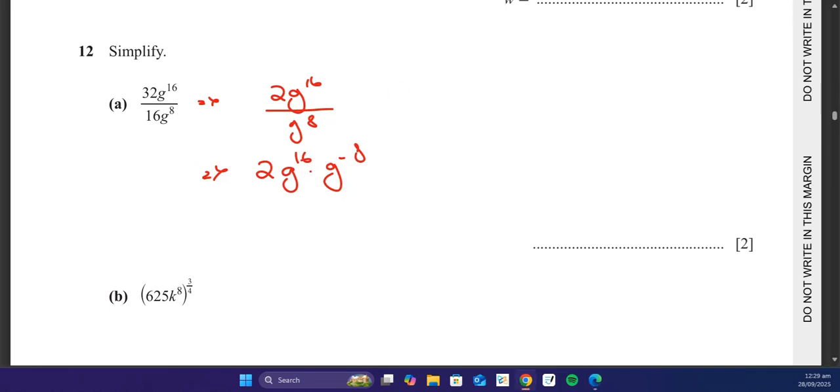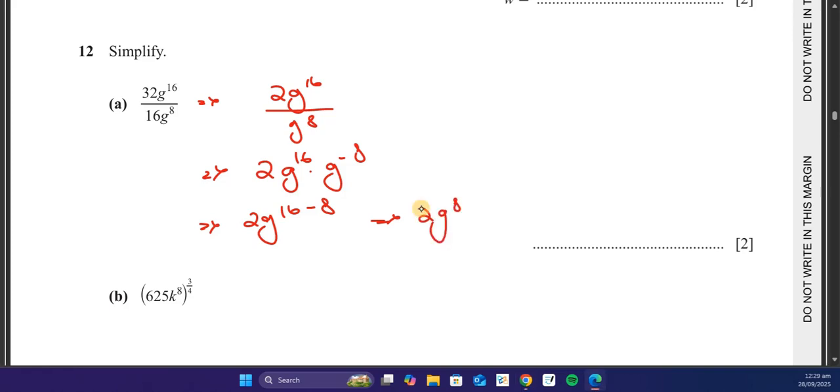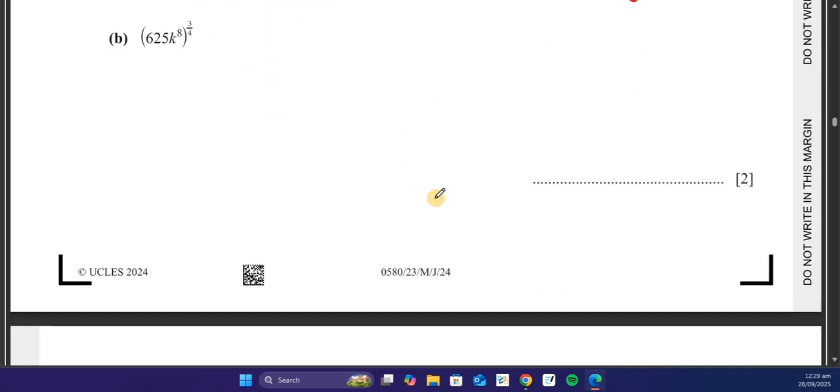We bring it up, the power becomes negative, and these two get multiplied. So when something is multiplying, we add the powers. Okay, so this will just be 2g^(16 plus minus 8), which means 16 minus 8. Alright, and that should give us 2g to the power of 8. Alright, perfect.